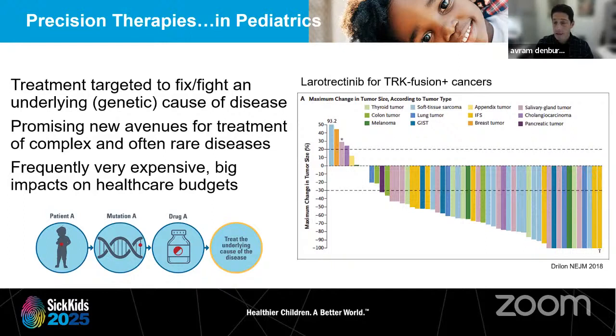And HTA agencies that have been challenged to assess this technology for public funding have really run up against what to do in the context of a histology agnostic indication, meaning we're not talking about the specific type of cancer anymore in terms of where it happens, but we're really talking about a treatment that targets the genomic change underlying cancer's development, and how to make sense of the benefit of this therapy from things as broadly applicable but different as colon cancers and infantile fibrosarcoma in children. So the nature of the evidence is really challenging at a clinical level for HTA organizations to deal with.